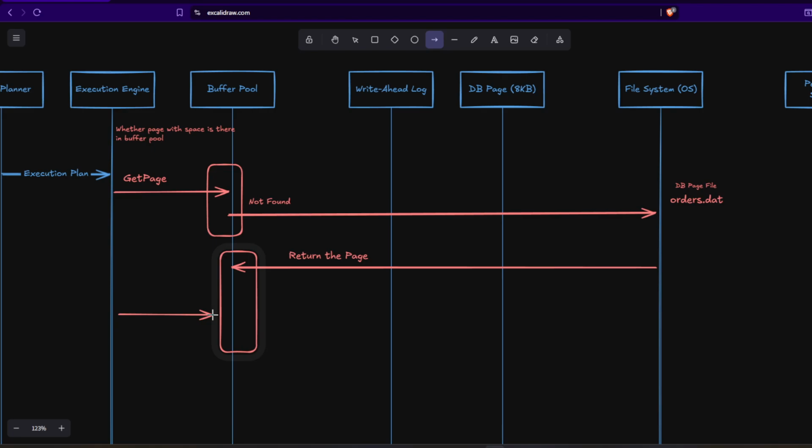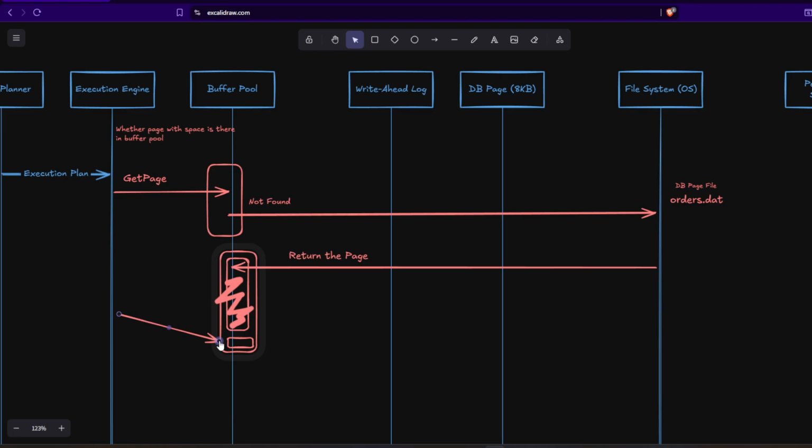It will try to see if there is any free space. For example, suppose till this area the data is already filled, and we only have some space left here. So it will know that it is going to insert into that free space of that page.